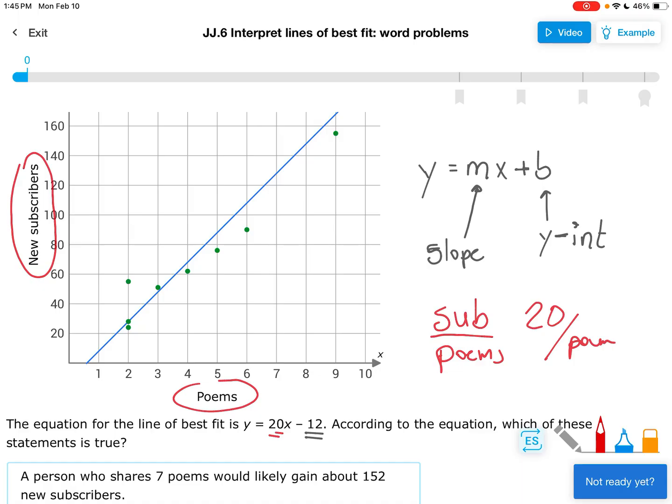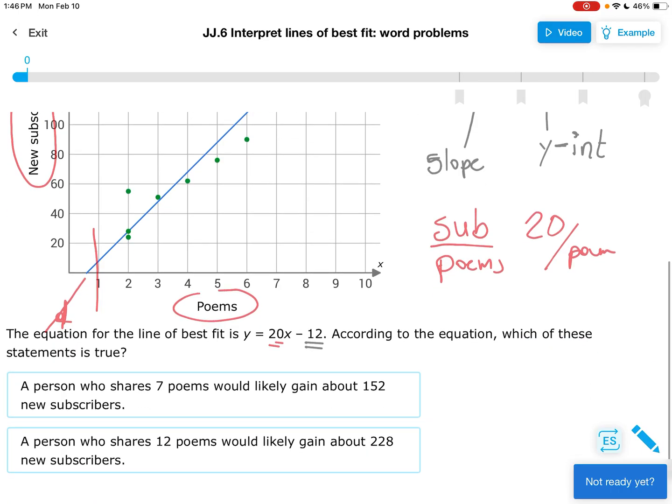Negative 12 doesn't really mean anything in this context because you can't have negative 12 new subscribers, but with the line of best fit, sometimes the intercept is not indicative of anything because it doesn't make sense to have a negative number. So let's see what we can do with this.